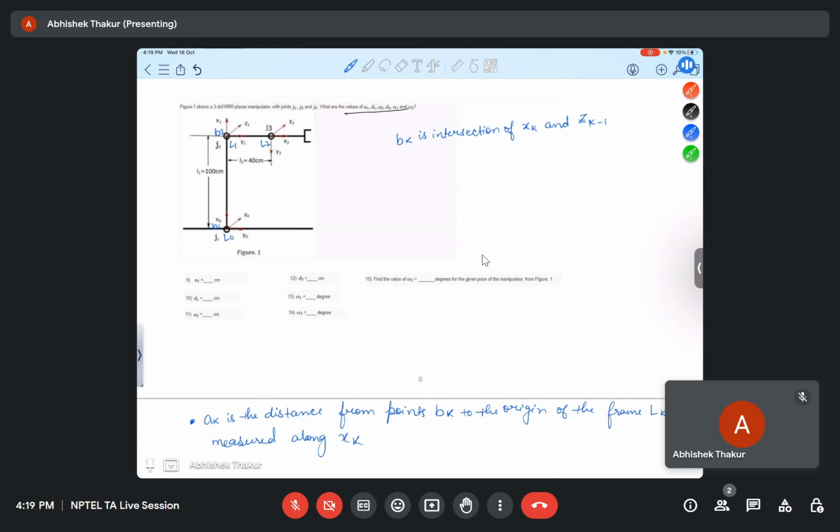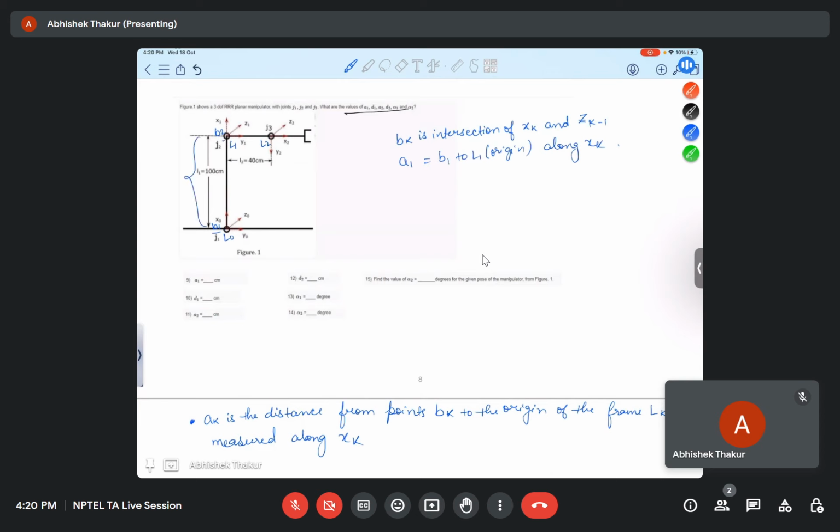So now we have to find A1. A1 is the distance from B1 to the origin of frame L1 along XK. Simply we can write it like this: B1 is this, L1 is this, and along XK.